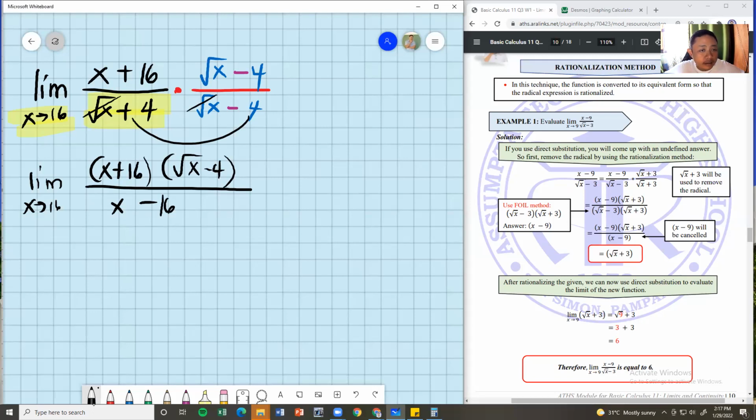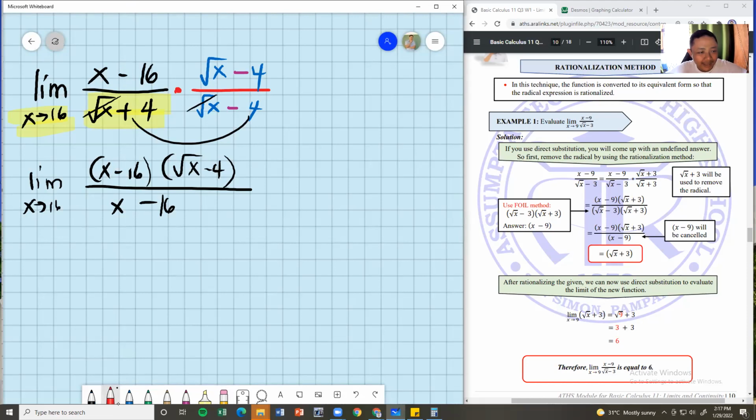What will happen here? Wait. I guess my given is wrong. This should be negative. Sorry for that. Kaya kasi they are intended to be cancelled.